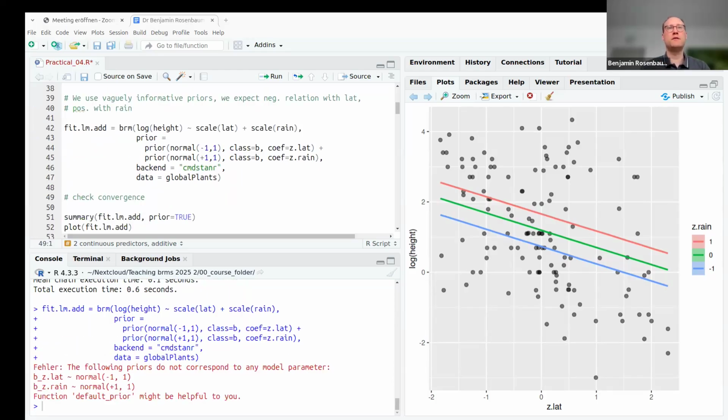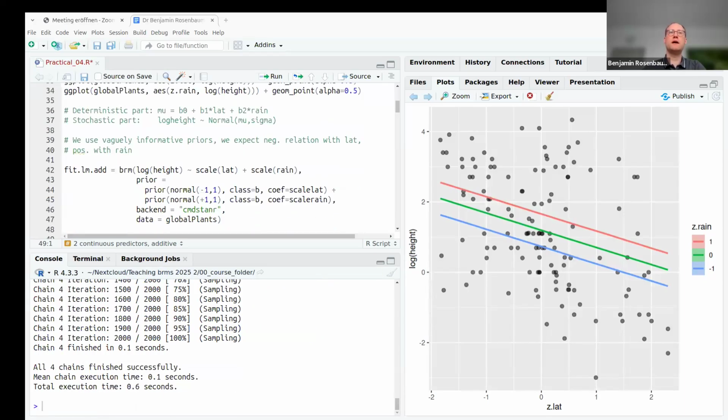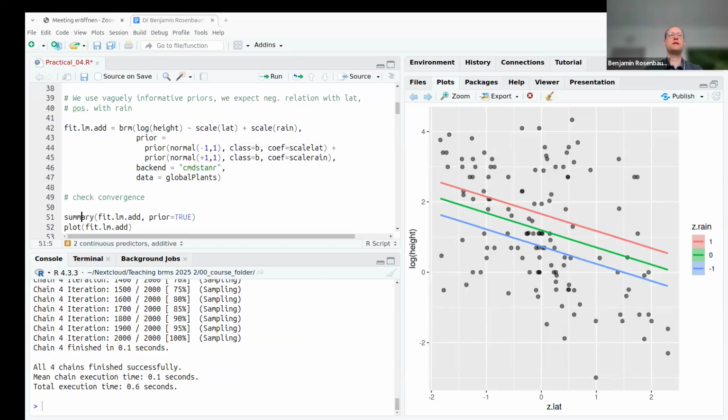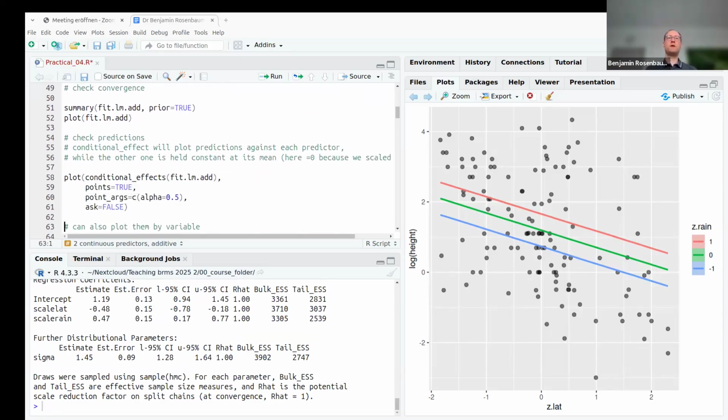The predictors are now on the original scale, latitude and rain. Internally, brms scales them, and the parameters, the output, are then for the scaled variables. But if you want to make predictions, you can then use your original predictor values.